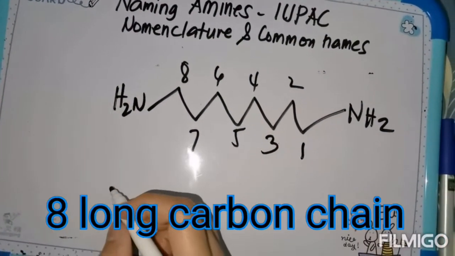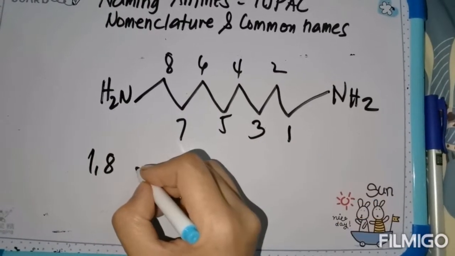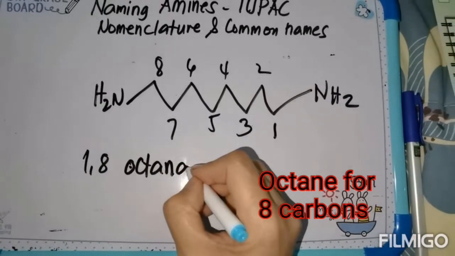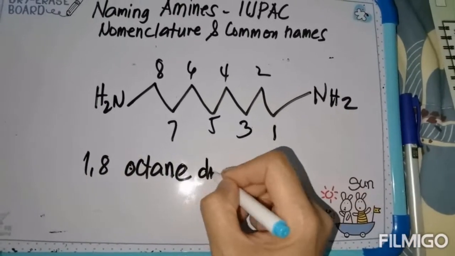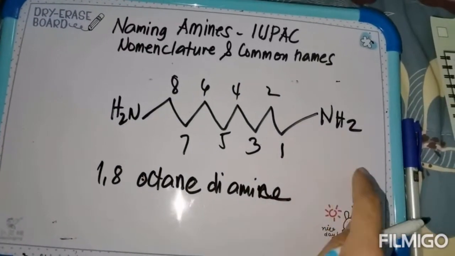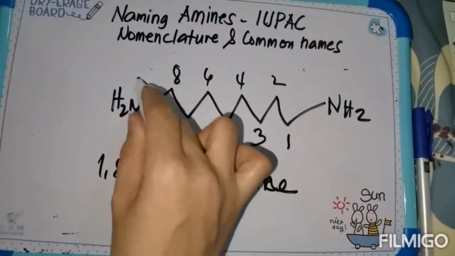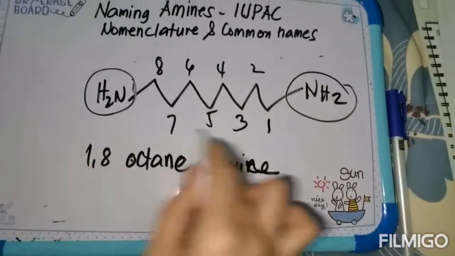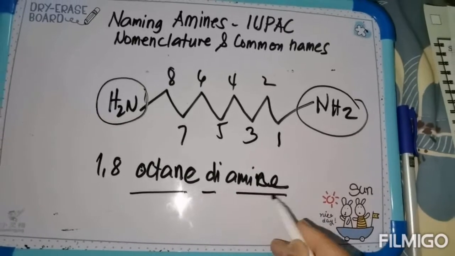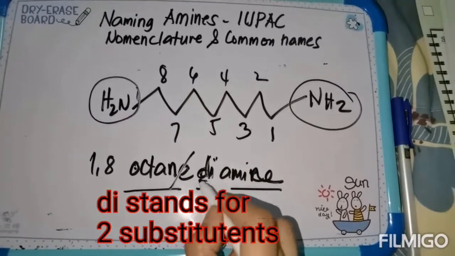Okay, so we will name this as 1,8-octanediamine because we have an 8 long chain, 1, 2, 3, 4, 5, 6, 7, 8. Okay, and 2 amino groups attached to the longest chain. The parent chain name is octane, octanediamine. No need to drop the E because we have here the di.